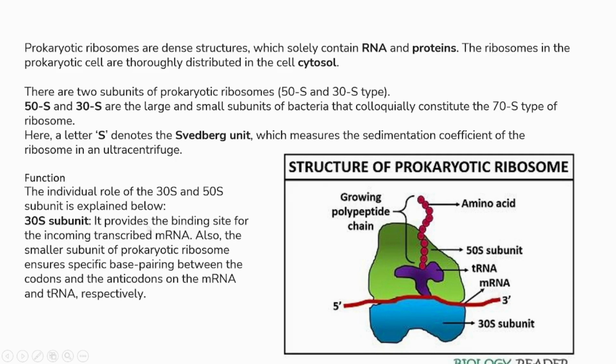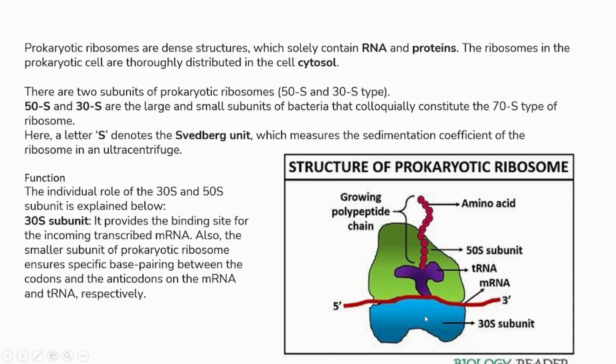The 30S subunit provides the binding site for the incoming transcribed mRNA. Also, the smaller subunit of the prokaryotic ribosome ensures specific base pairing between the codons and anticodons of mRNA and tRNA respectively. So this 30S subunit helps in the attachment of transcribed mRNA, right?